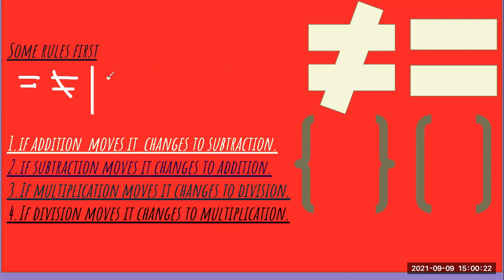If I write D is equals to 6, whatever operation is there, minus becomes plus, plus becomes minus, like that. So these are the rules.